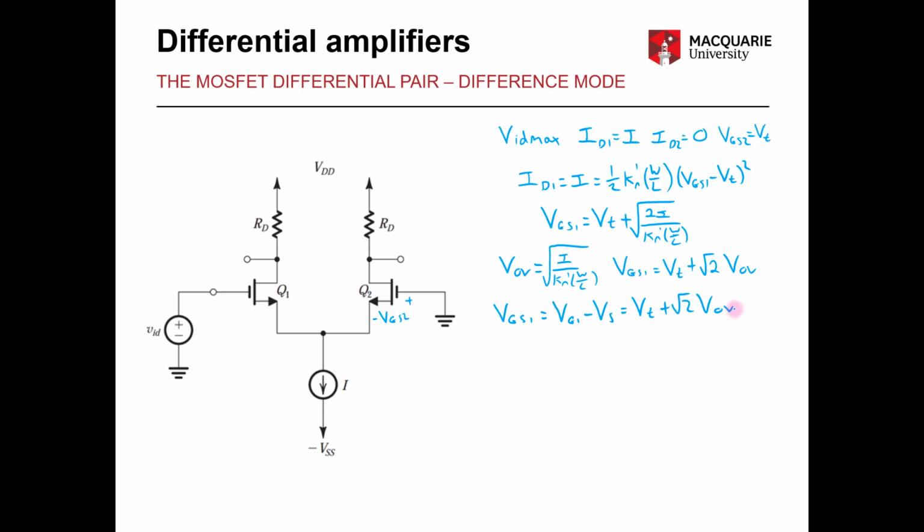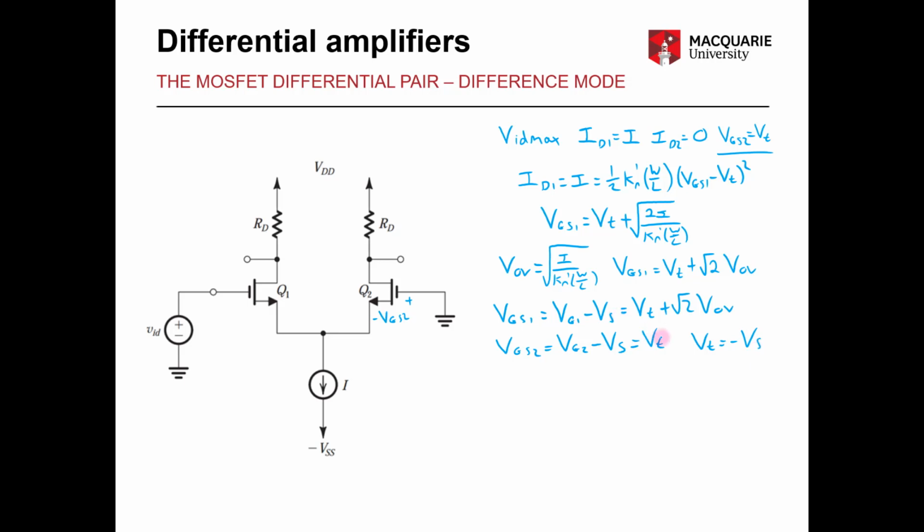Now we also know that VGS2, from our initial conditions, is equal to VG2 minus VS, which equals VT. And as we know that VG2 is connected to ground, we can say that VT is equal to minus VS.